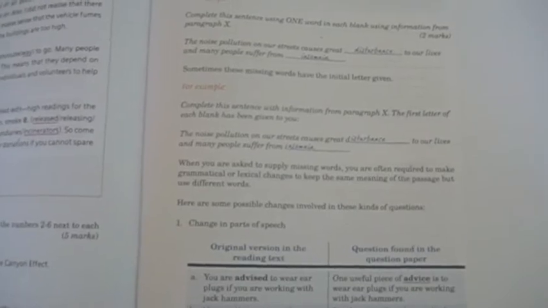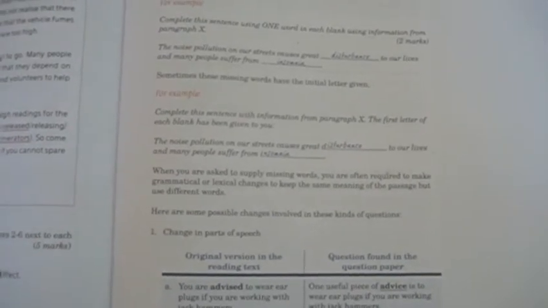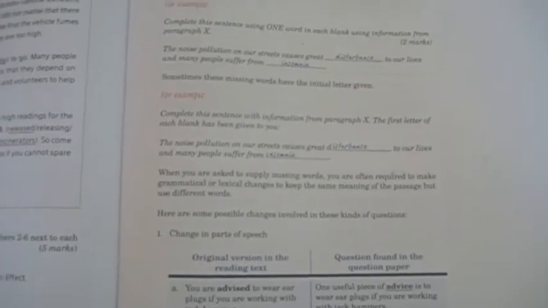And the first one is changes in parts of speech. So the original version in the reading text is, you are advised to wear earplugs if you are working with jackhammers. And the change in the question paper is, one useful piece of advice is to wear earplugs if you are working with jackhammers. So advised has changed to advice.